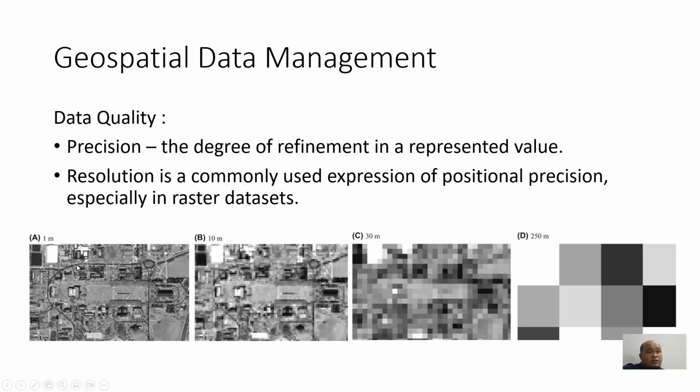And one of the most recent imagery is 1 meter, right? As provided by Google Earth, it's 1 meter. So with this 1 meter accuracy, you will be able to determine which is the entrance of this building, where is the parking lot and whatsoever in more detail.